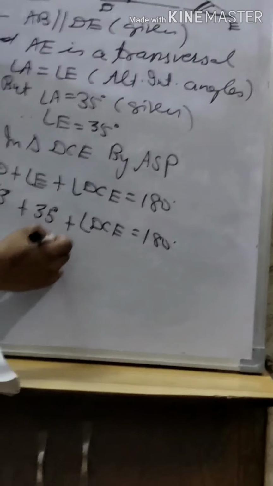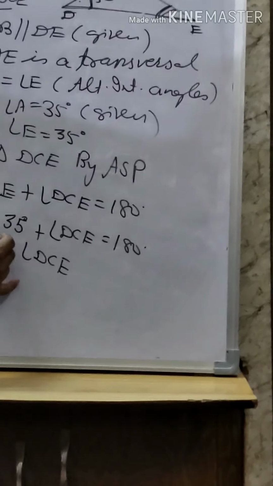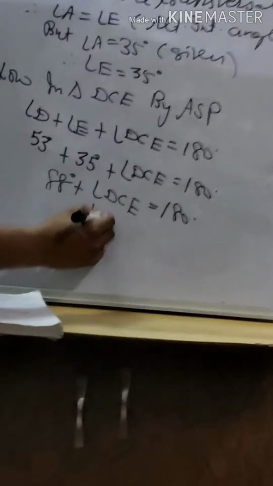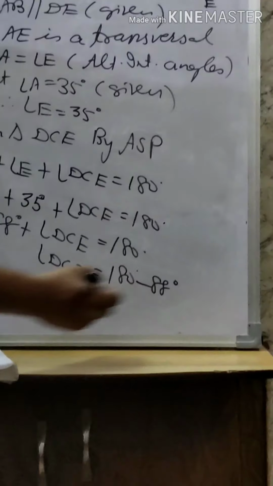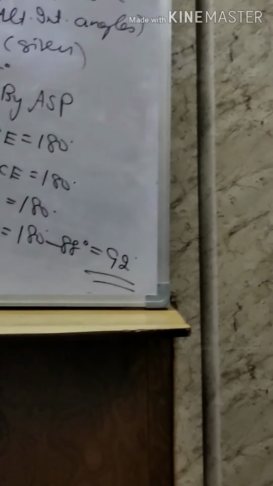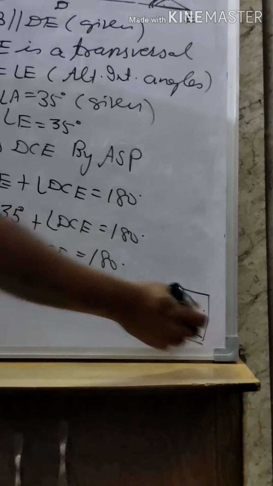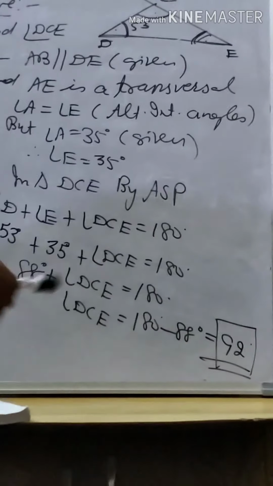Angle D is 53 degrees and angle E is 35 degrees, so 53 plus 35 is 88 degrees. So angle DCE is 180 degrees minus 88 degrees, which is 92 degrees. Clear this? He is asking to find angle DCE, and angle DCE is equal to 92.